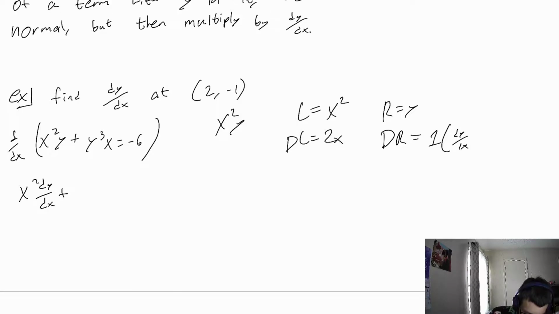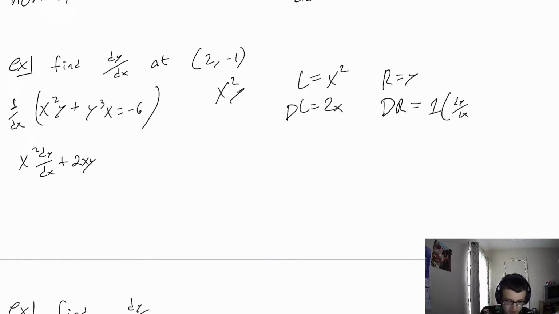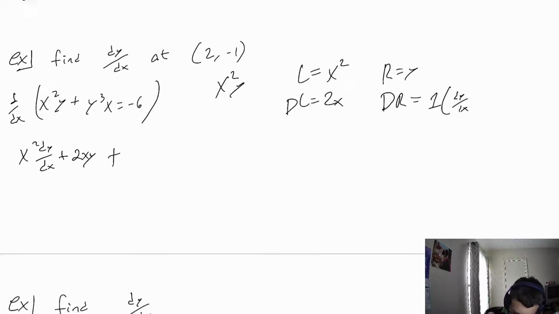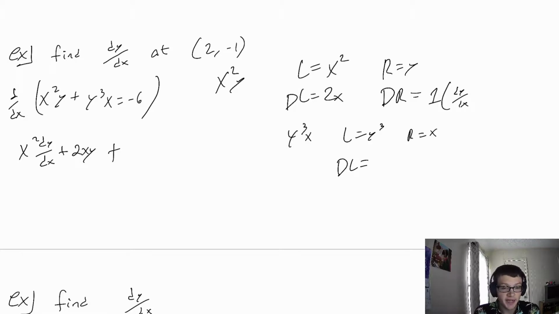L dR plus R dL, so plus 2xy, plus, and then for this term, y cubed x. Y cubed x. Our left-hand thing is y cubed. Our right-hand thing is x. To find dL, we're taking the derivative of something with y in it. So we apply our standard rules. We get 3y squared. But then we have to multiply by a dy dx.